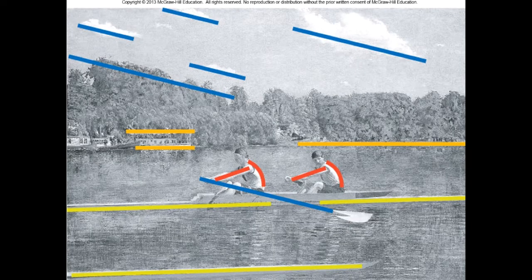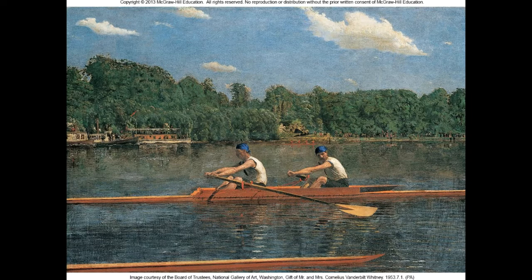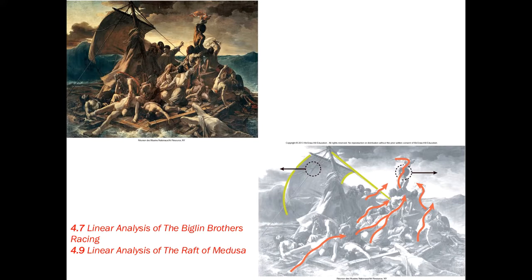With the Biglin Brothers, there are diagonals, but they're almost to the point of being passive, and I would say the horizontals really dominate in this particular piece. So that's giving us a sense of calm. There is some activity, but there are no heavy waves, right? The water is one way you can tell. But line is going to give us some emotional content here and some knowledge about what's happening in the piece.